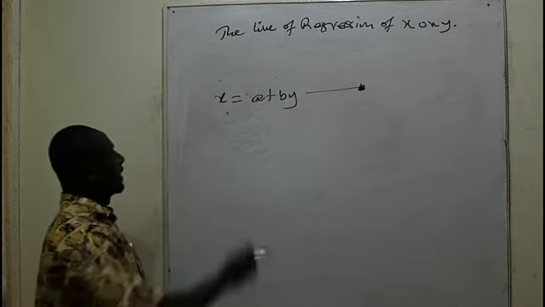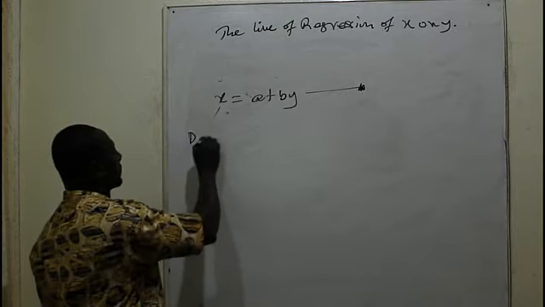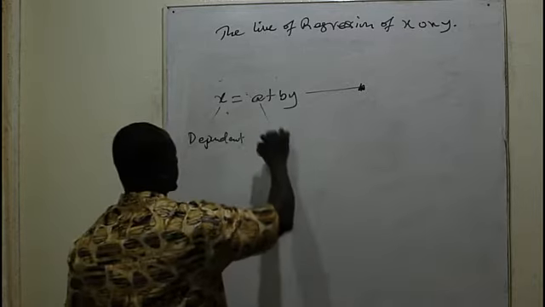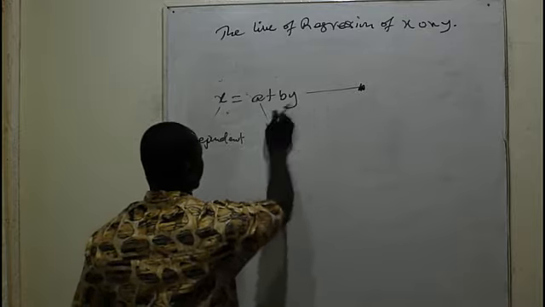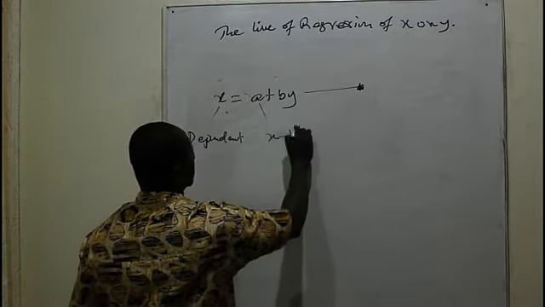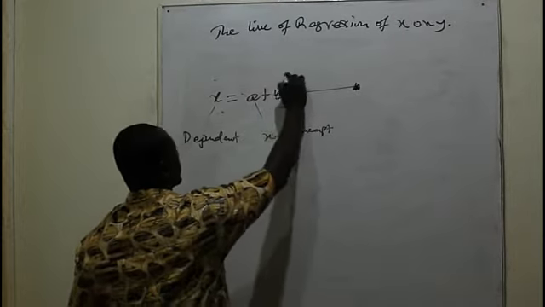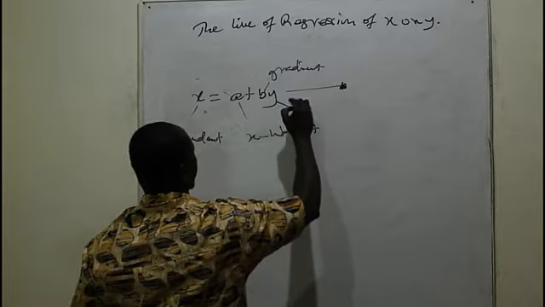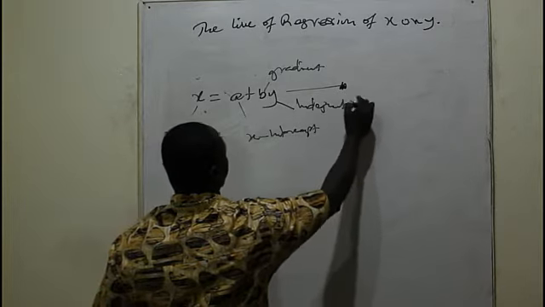Here, x is the dependent variable, a is the intercept of x, or what we call the x-intercept, b is the gradient, and y becomes the independent variable.